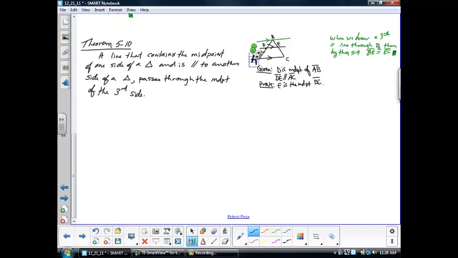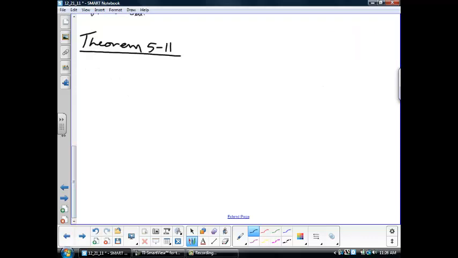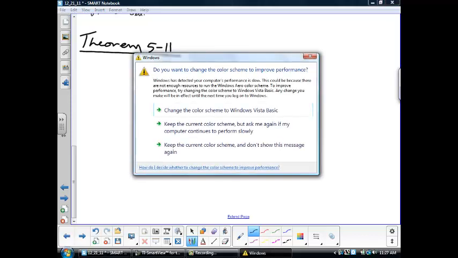Theorem 5.11: the segment that joins the midpoints of two sides of a triangle has two properties. Number one, it's parallel to the third side, and number two, it's half as long as the third side.